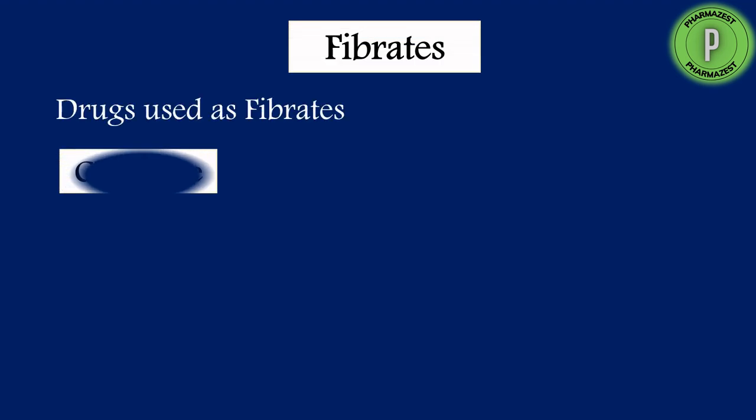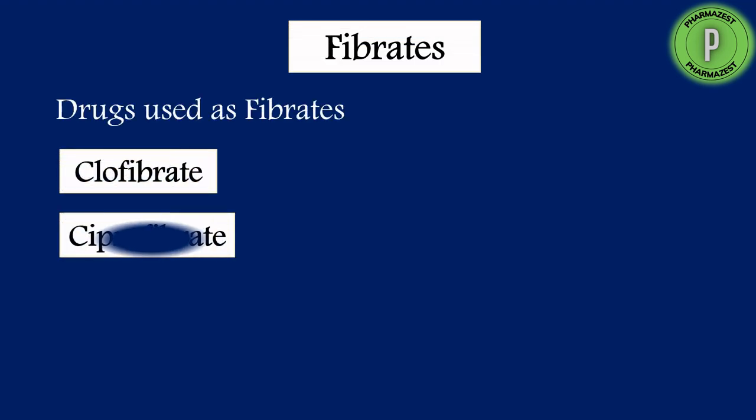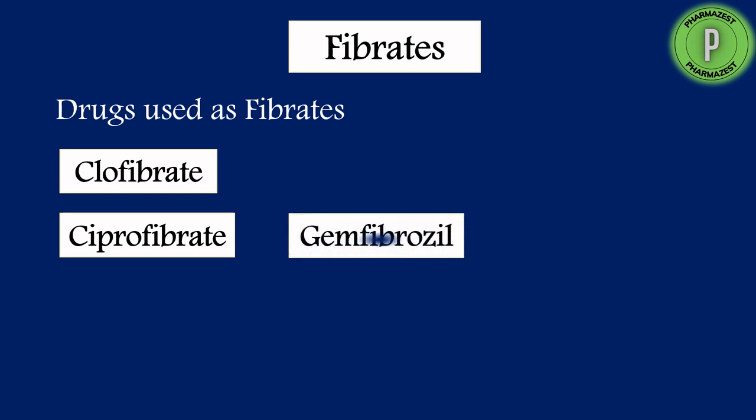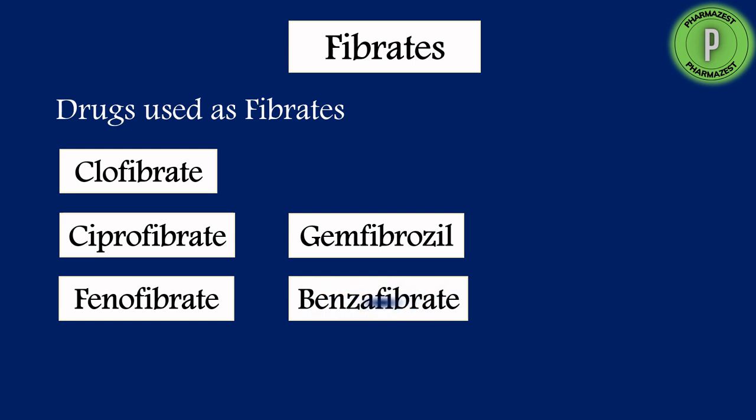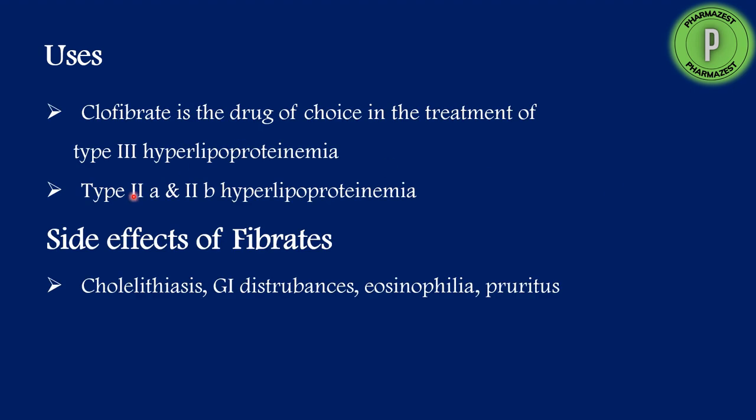And what are the drugs used in fibrates? We have clofibrate, ciprofibrate, gemfibrozil, fenofibrate, and bezafibrate. So we have 5 drugs, which are used in the treatment of hyperlipidemia. Now coming to their uses.